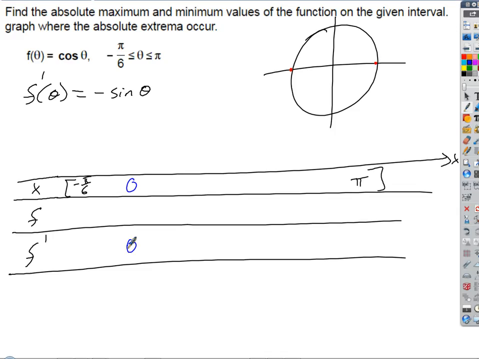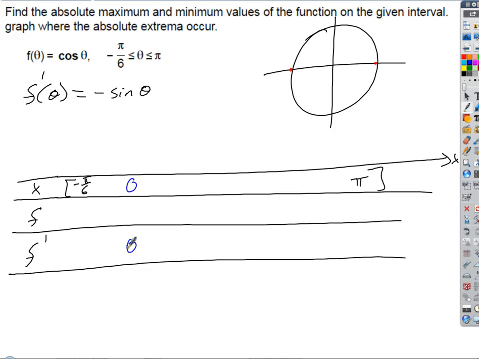What do we do now? Just check the second row, right? We're just checking the values of the function at those three places and see who the winner and the loser is. So what do we get?